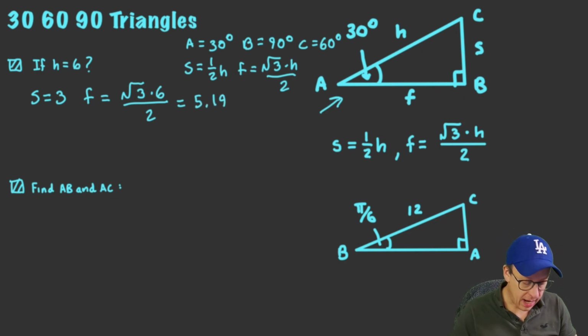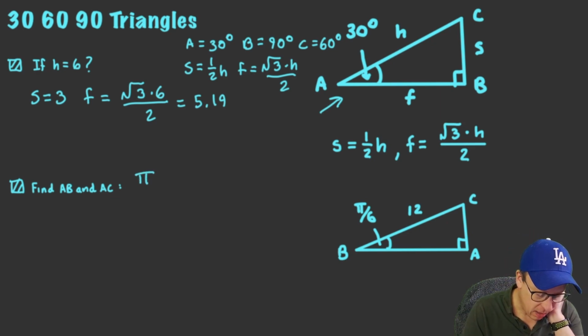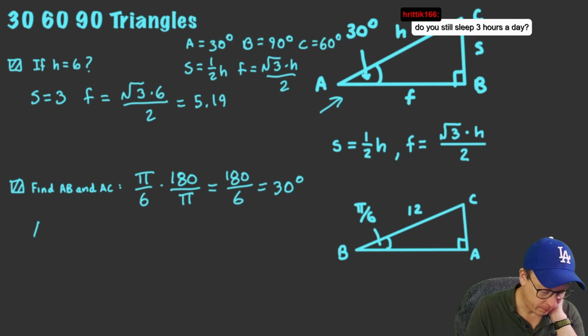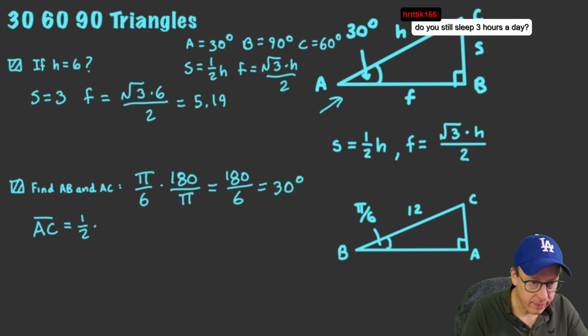All right? Now, if you wanted to find A or the sides AB and AC in this situation, we would take pi over 6 times 180 over pi, which is going to be equal to 180 divided by 6, which is equal to 30 degrees. And AC in this circumstance is just going to be 1/2 times 12, which is equal to 6.